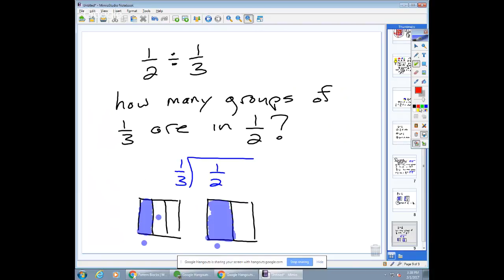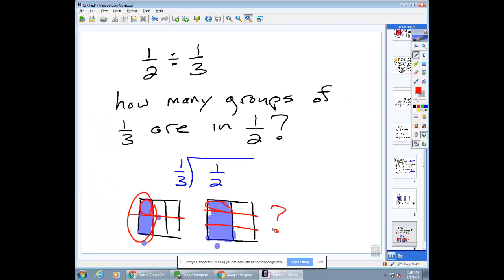So I have to take the third and cut it in half. And we have to take the half and cut it in thirds. My claim now is that this piece right here is the same size as that piece right there. So I need to know how many groups of this fit over here.